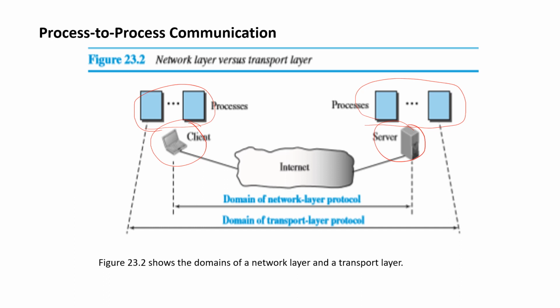Communication between the processes is the domain of the transport layer protocol. Host-to-host communication is the domain of the network layer protocol. The network layer is concerned with whether the destination host is reached, but the transport layer is concerned with whether, within that particular device, we have reached the right destination process. That is the process-to-process communication.